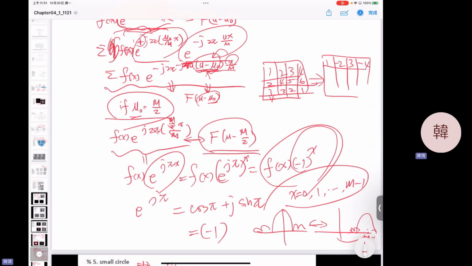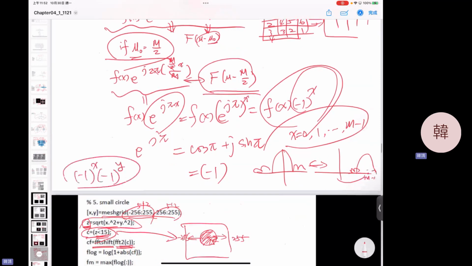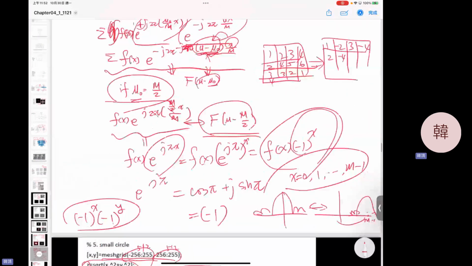But for the horizontal direction, you also have to do this. You also have to do this opposite operation in the y direction. So it becomes minus 1 to the power of x plus y for 2 dimensions.